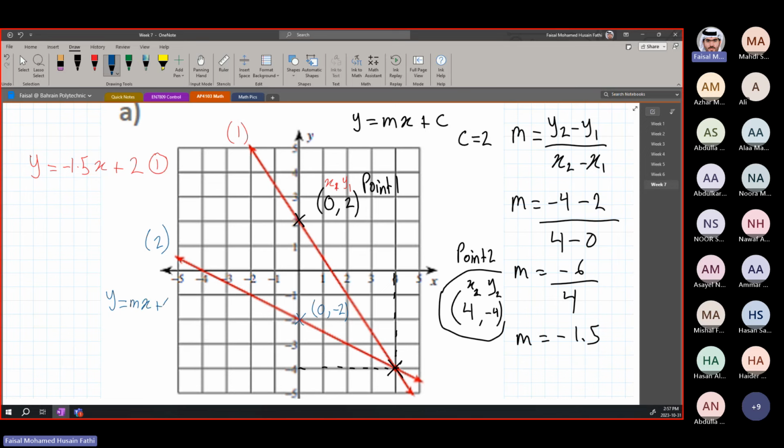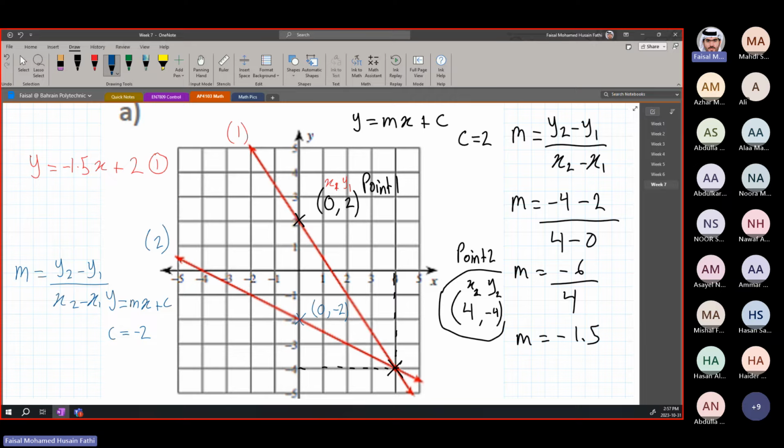The c value we know is equal to -2 because it's the y-intercept in the equation. Okay? And then we have to do the solution for m. Same idea as here, we need to find m. So m is equal to y2 minus y1 over x2 minus x1.